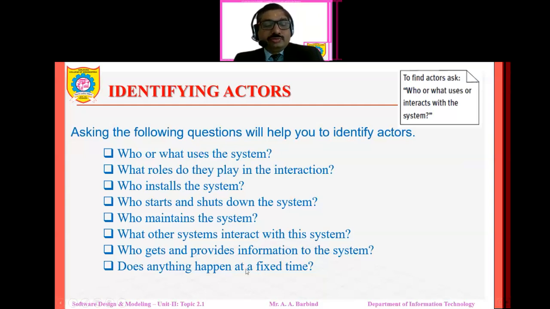This is some event, and it may act as the actor in your system. So time may be the actor in your system. This is how you should ask the questions, and by answering them you may be getting the actors of your system.